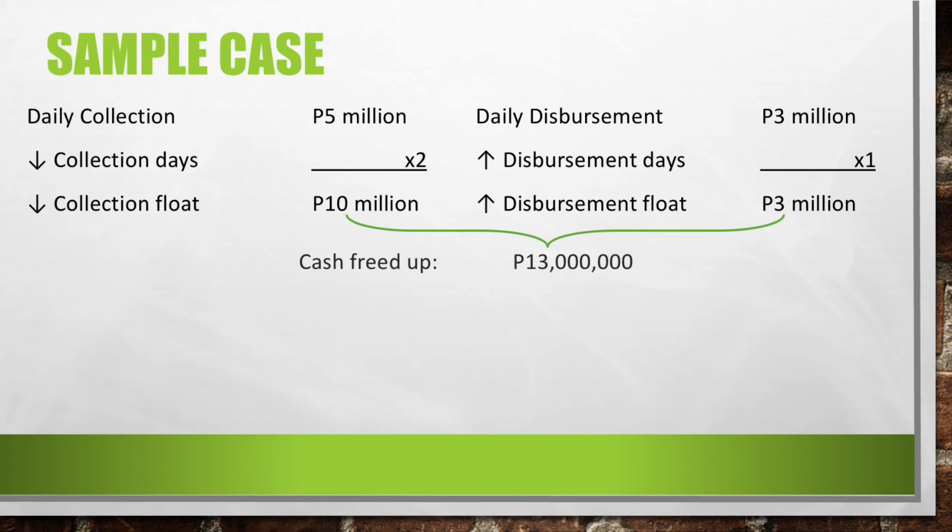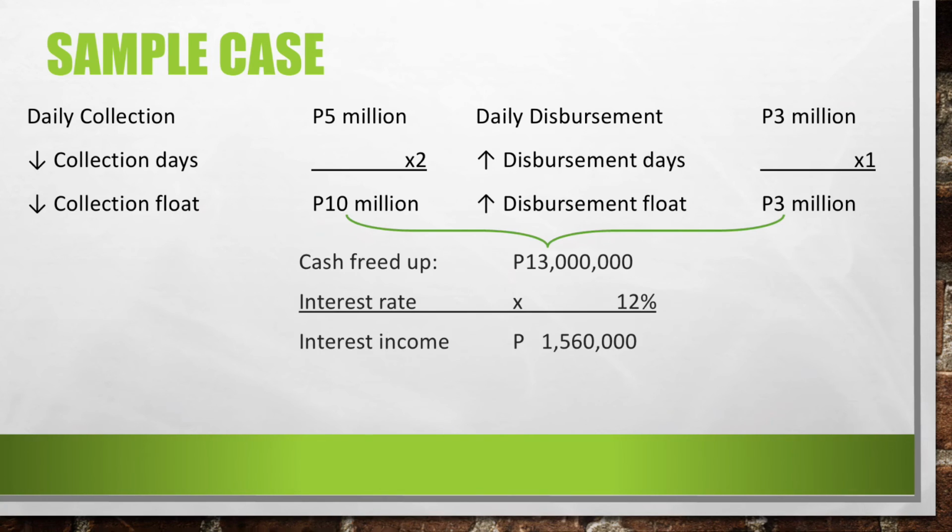This cash freed up of 13 million pesos is now available for investment at an interest rate of 12%. In 1 year, it can increase interest income by 1,560,000.